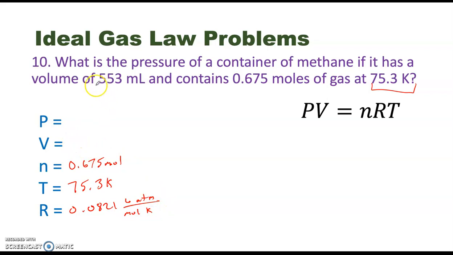Volume, though, it's in milliliters. 1, 2, 3. We move the decimal over. We have 0.053 liters of gas. We convert it from milliliters to liters. It's again asking for pressure, so we solve by taking the volume, dividing it away to get rid of it on this side, and then you set it up in the same way.